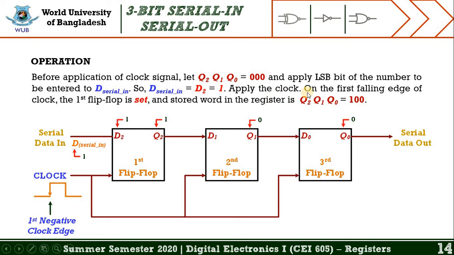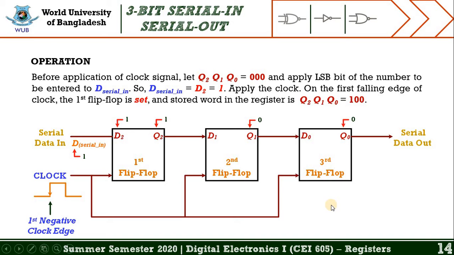Now apply the clock. On the first falling edge of the clock, which means the first negative clock edge is applied at the clock pulse, the first flip-flop is in the set condition, and the stored word in the register, Q2, Q1, Q0, is 1, 0, 0.